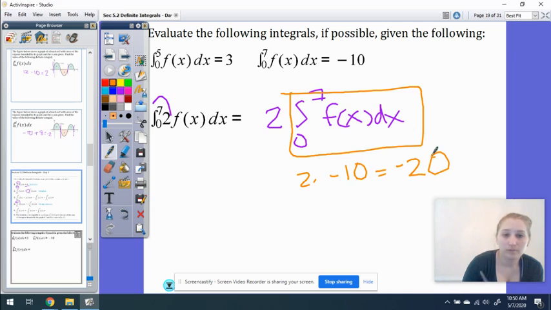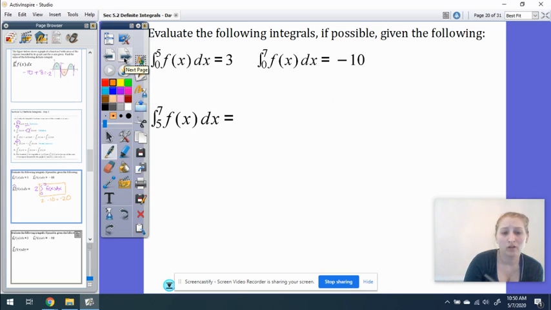All right, let's do another one. Okay, so this is an interesting one because this is going from 5 to 7. Neither one of these go from 5 to 7, but what I can do is I can split up this one here into 2 pieces. So that's what I'm going to do.